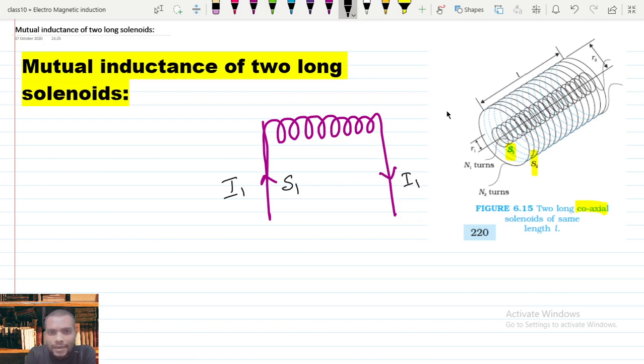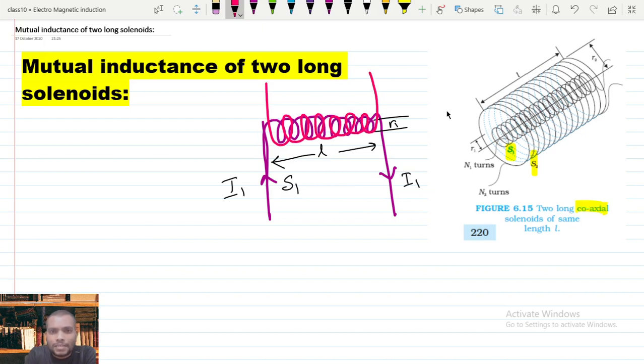The radius of each turn is R1, and L is the length of the solenoid. Now in this solenoid, we bring one more solenoid, which is wound over solenoid S1.